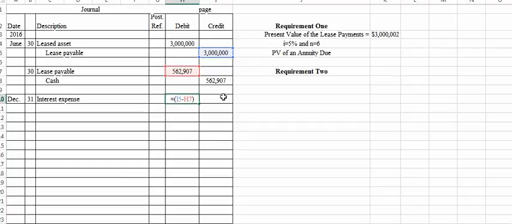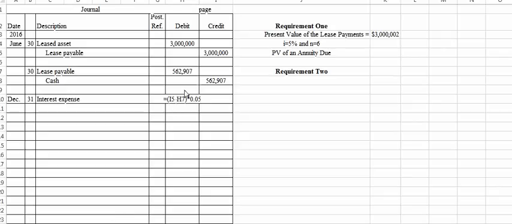And then we're going to multiply by the interest rate for a half year, because we're dealing with a half year's interest here. It's 10% for a year, so it'd be times 5%, or 0.05 for a half year.